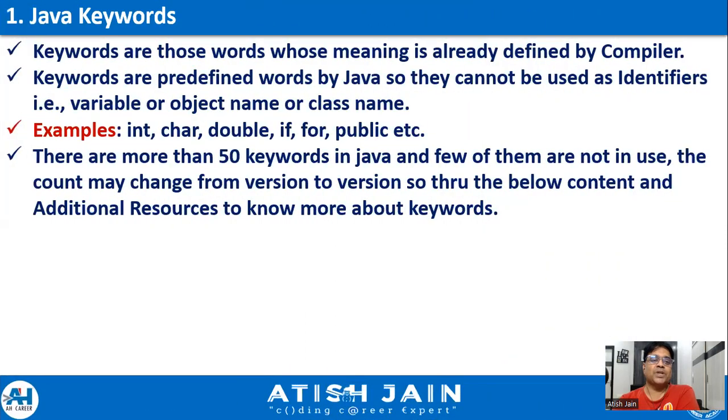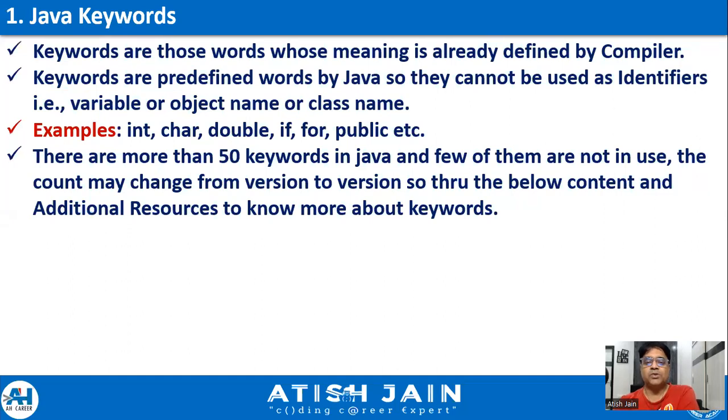The first one is keywords. Keywords are the words whose meaning is already defined by the compiler. Keywords are also known as reserved words, and keywords cannot be used as identifiers because they are already reserved. So int, char, double, float, if, for, public, private, protected, like this, there are more than 50 keywords in Java.